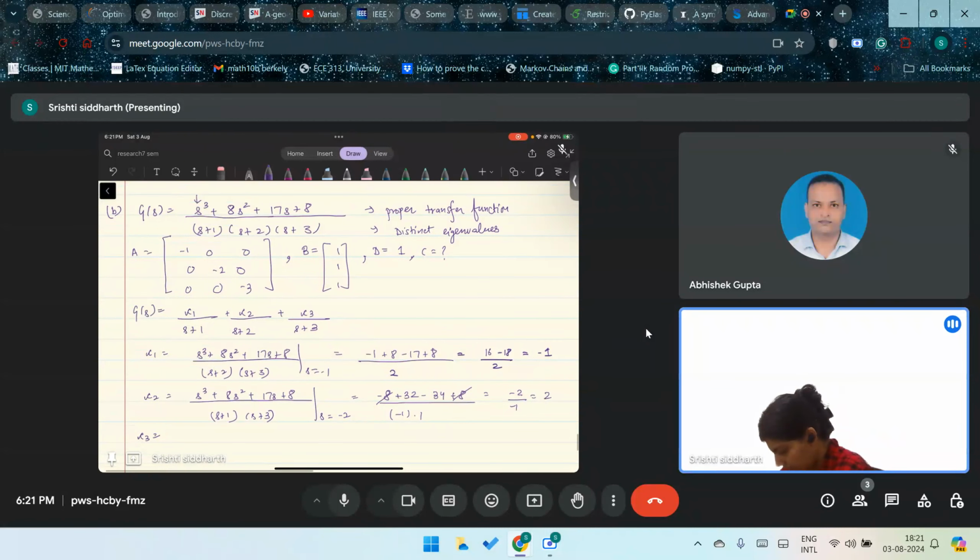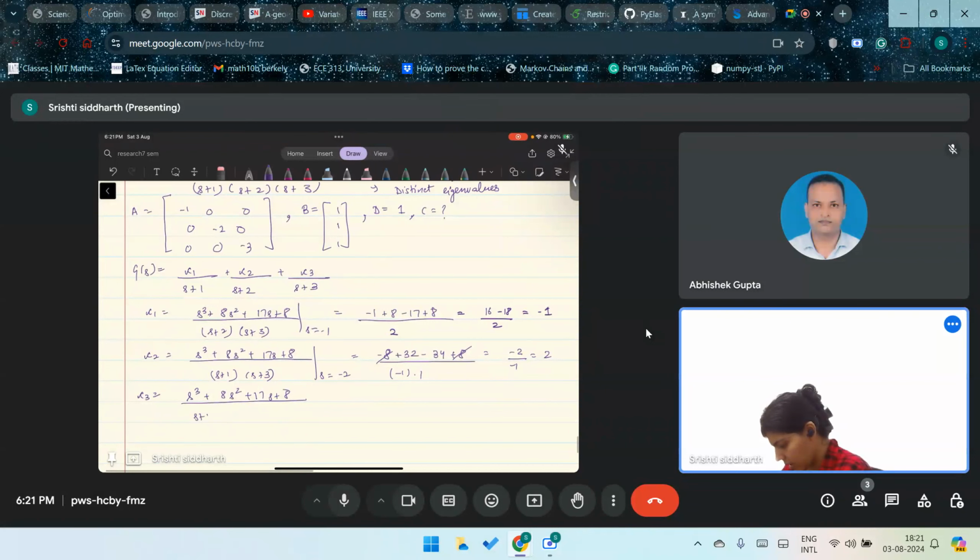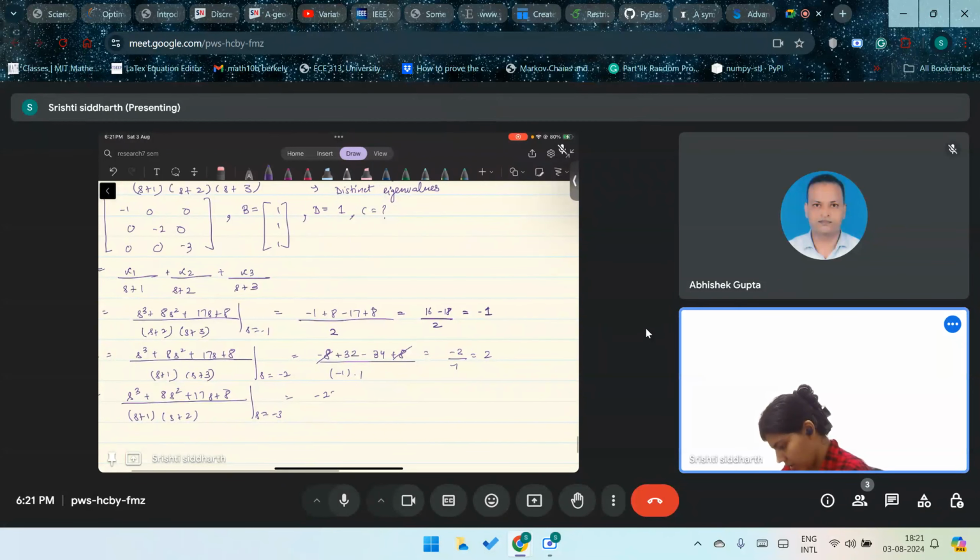Okay, so let's do this. S cube plus 8s square plus 17s plus 8 over s plus 1 and s plus 2, minus 27. Then we have minus 2 and minus 1.